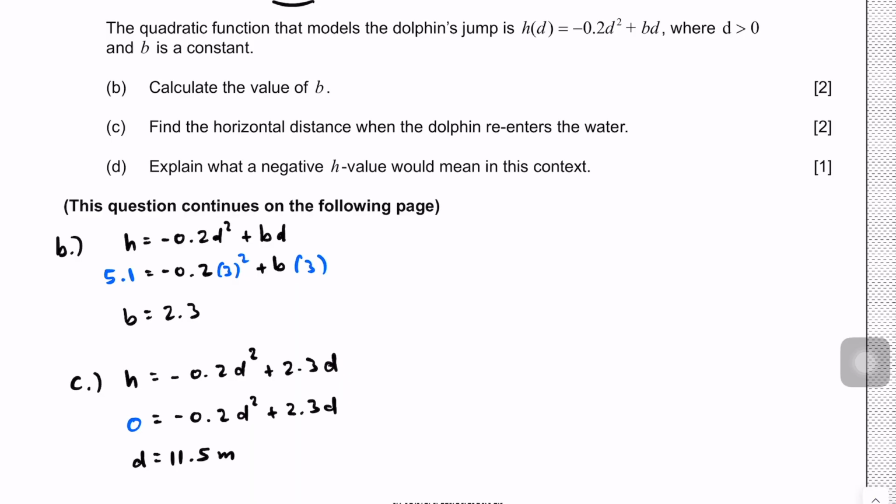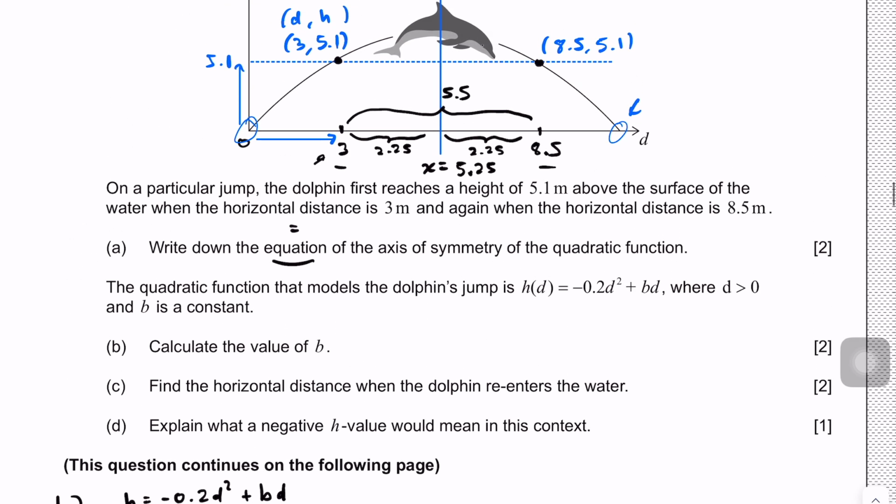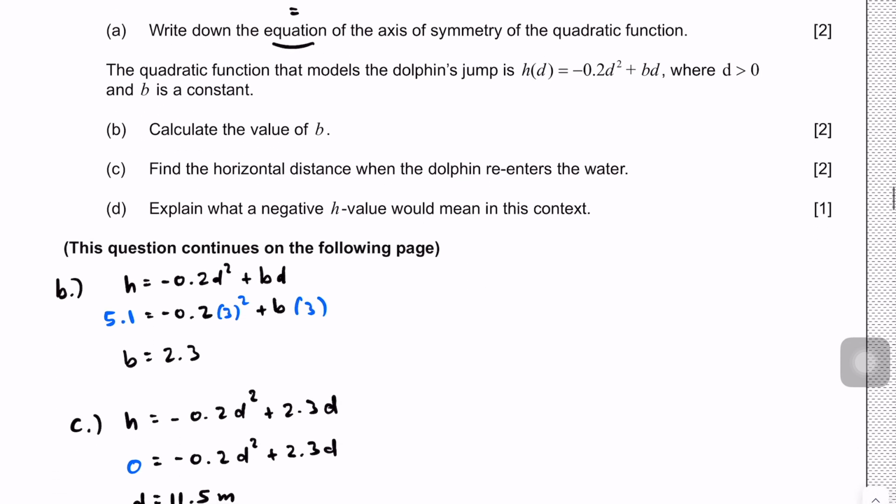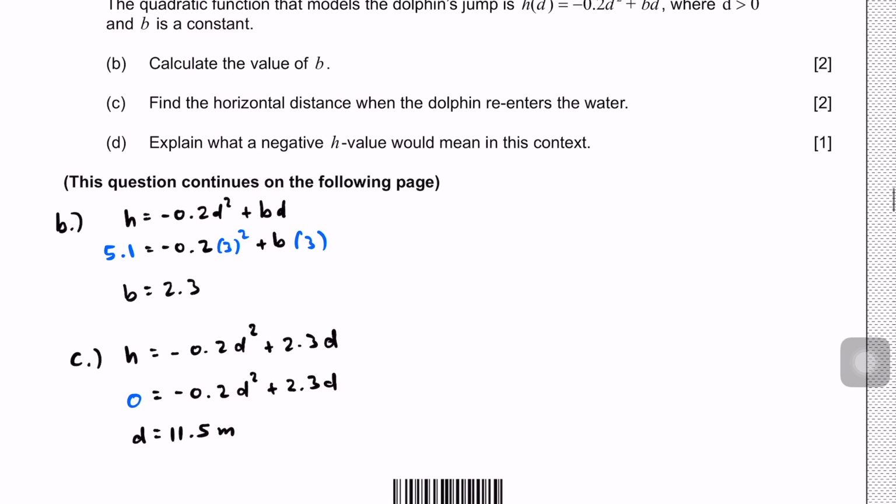So if h is the distance above or below the water, positive is above the water, and negative h is when we are under the sea. So let's see.